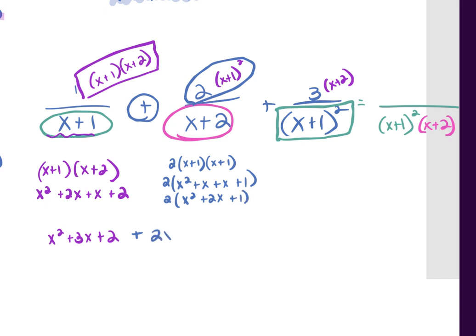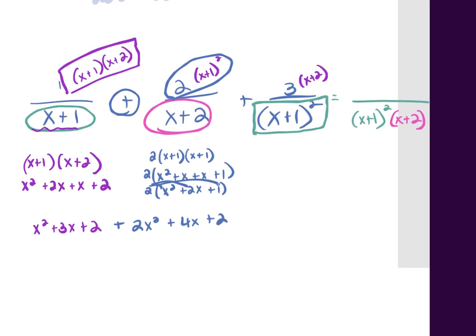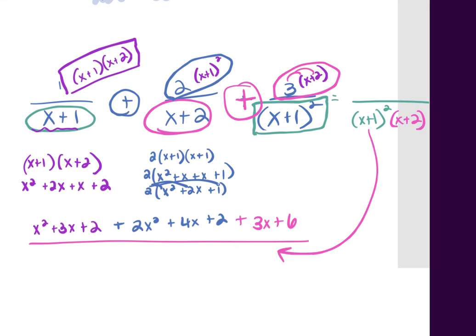So it'd be 2x squared plus 4x plus 2. And then I'd take the plus from the middle here, and I'd multiply the 3 out to both x and 2. And that all would go over my denominator.